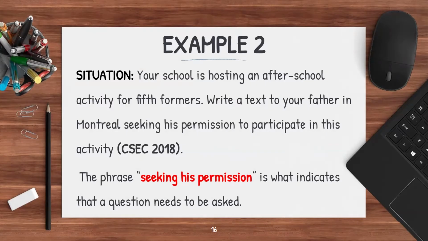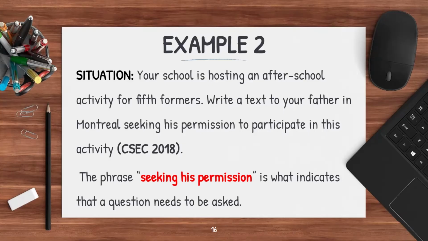Remember, when you're doing directed situations, the directed situations basically contextualize what is going on before it asks you to do a specific thing. So in this case, the context here is your school is hosting an after-school activity for fifth formers. That can be an after-school party, maybe it's a dinner, etc.